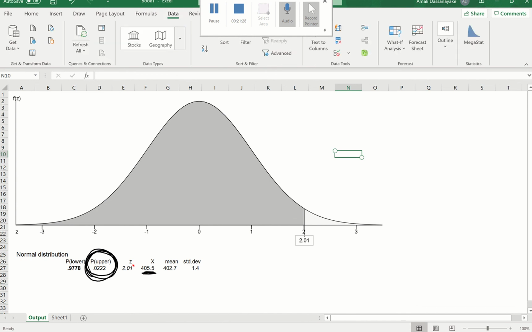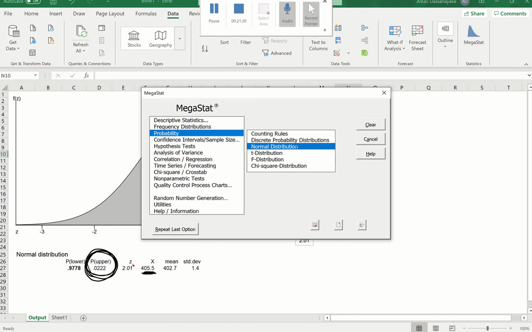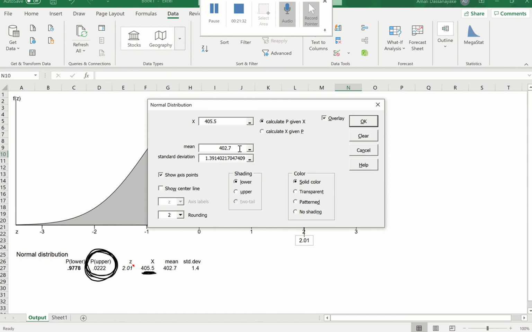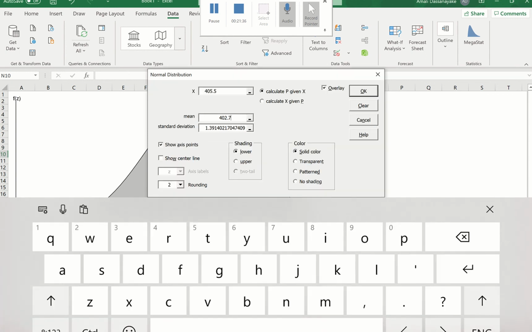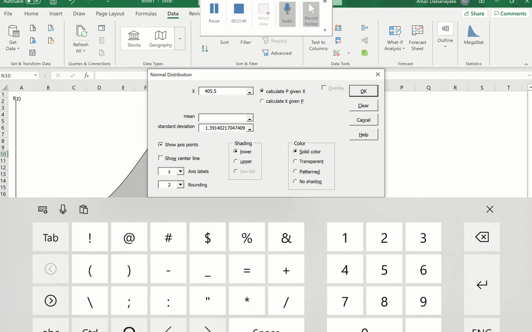Normal distribution. Need to change the mean to 20, standard deviation to 5 over square root of 100.